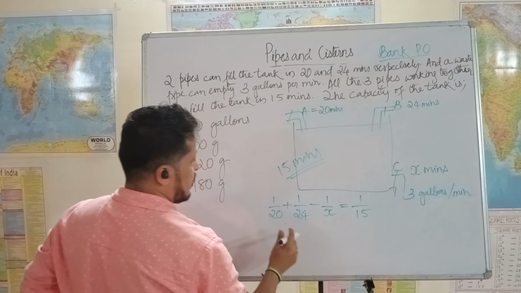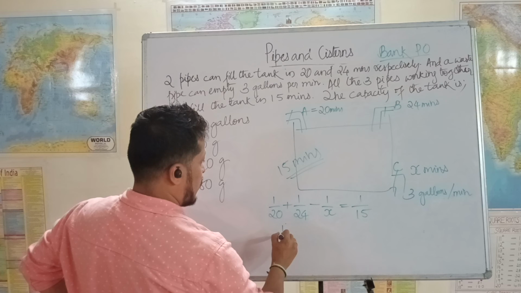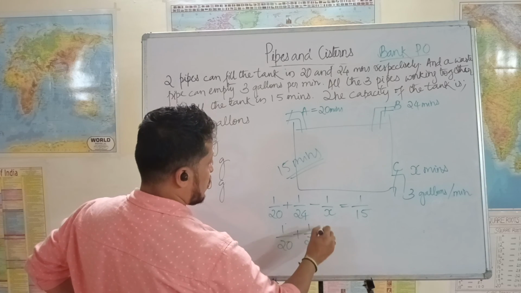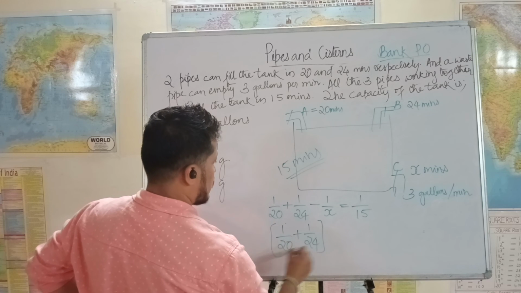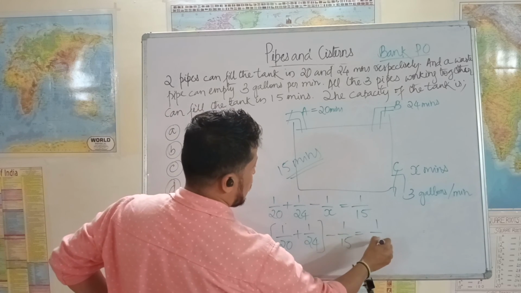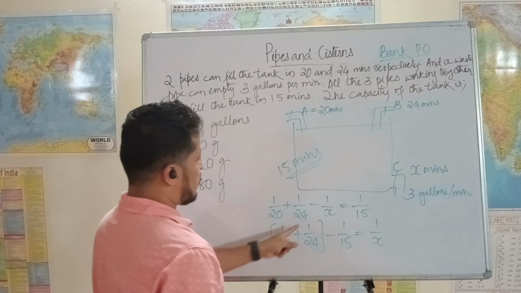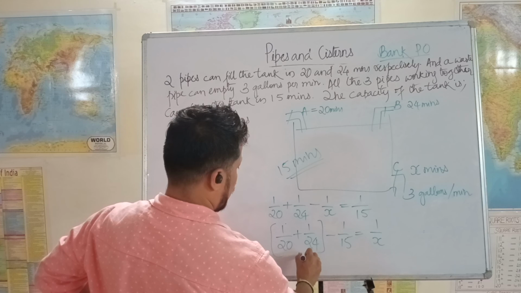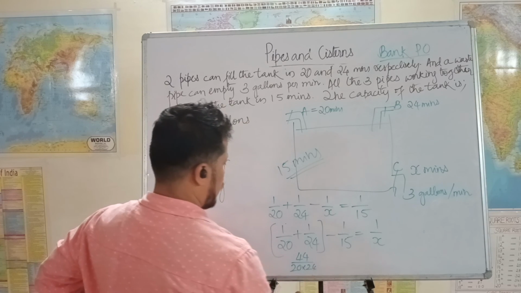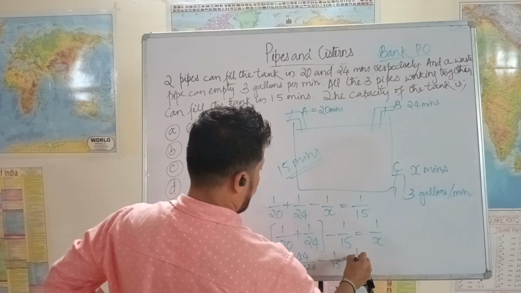So 1 by 20 plus 1 by 24 minus 1 by 15 is equal to 1 by X. So 24 plus 20 is 44, divided by 20 into 24, minus 1 by 15 is equal to 1 by X.